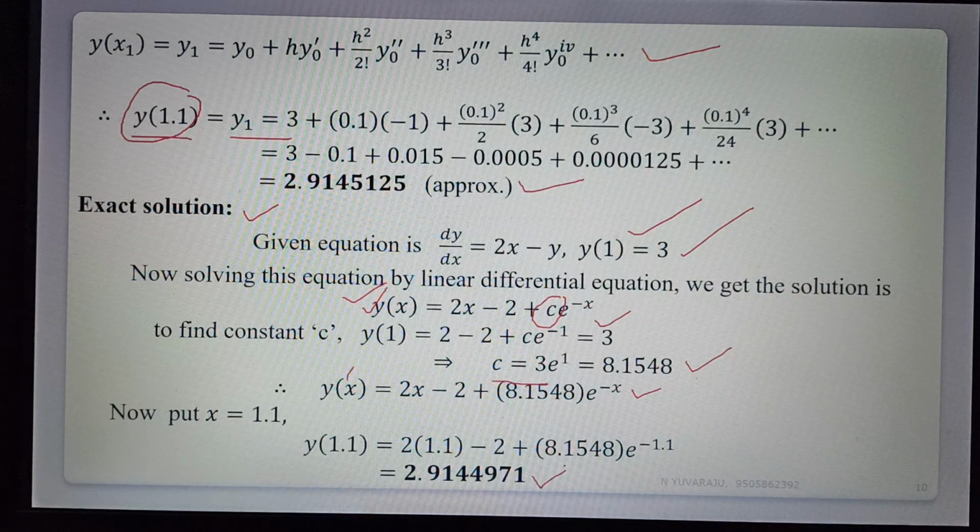This is the exact value using the exact solution. The numerical value is 2.9145125, and this is the exact value. So both are nearly the same. They are not perfectly the same, but nearly the same. That is the difference between the numerical value and the exact value.